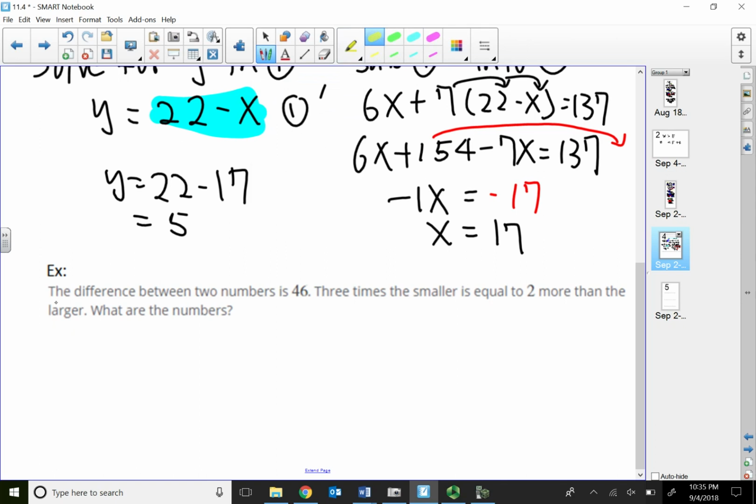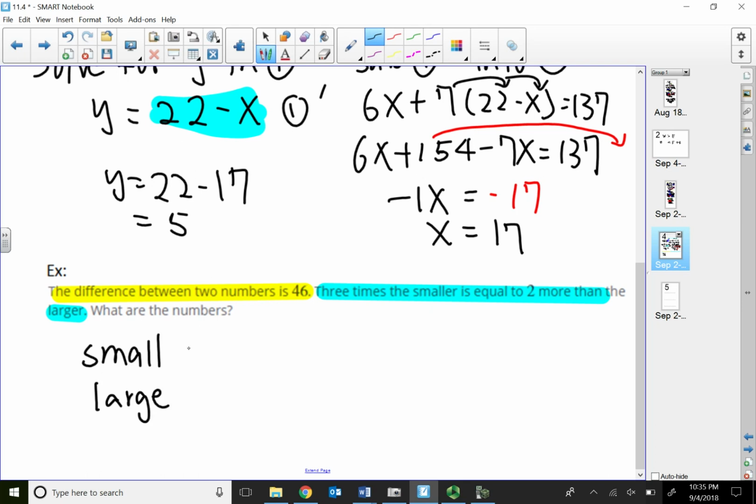The difference between two numbers is 46. Then it says 3 times a small number is equal to 2 more than a larger number. Again, this time I have a small number and a large number. It does not matter who is x and who is y. I'm just going to pick the first one to be x, the second one to be y. So now small is x, large is y.